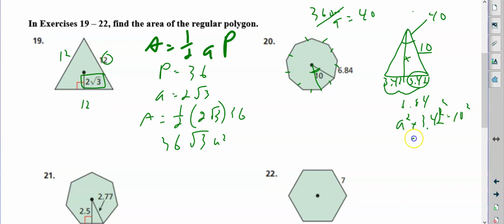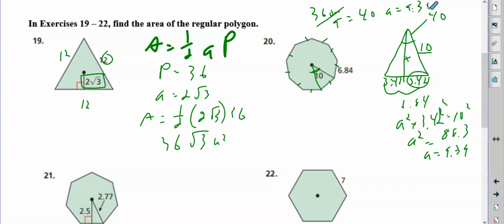And when we do that, we get a squared equals 88.3. Square root both sides, and we get 9.39. Okay, so the apothem is 9.39.